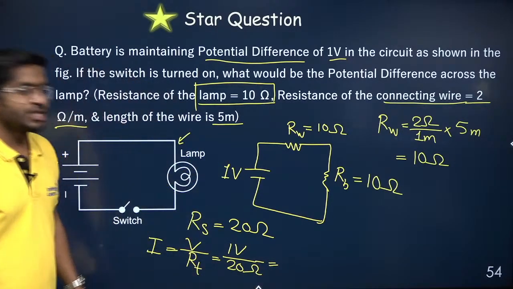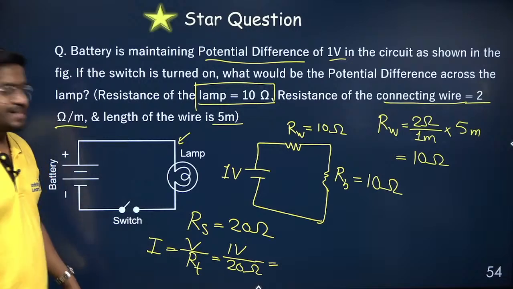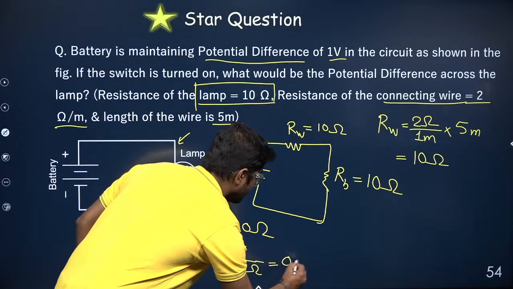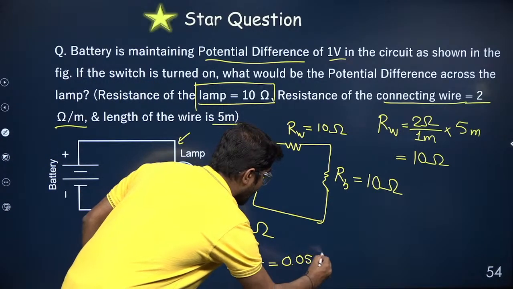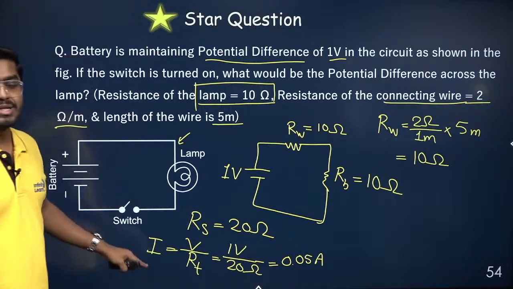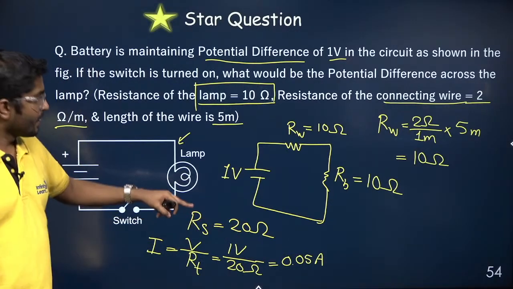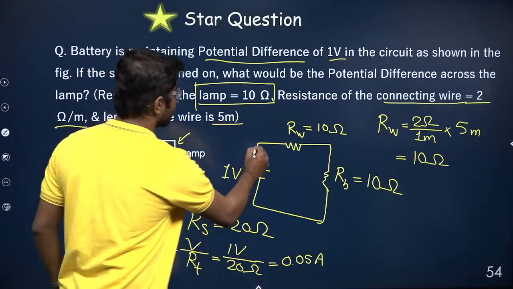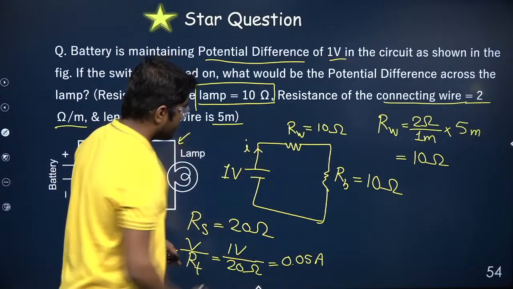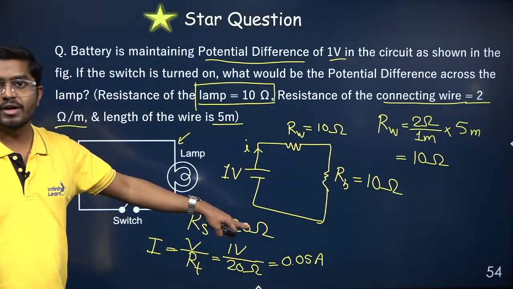So this is how much? 1 divided by 20, that is 0.05 ampere. Current which is flowing through this circuit, that we got 0.05 amperes.